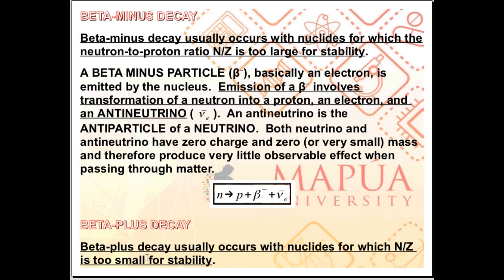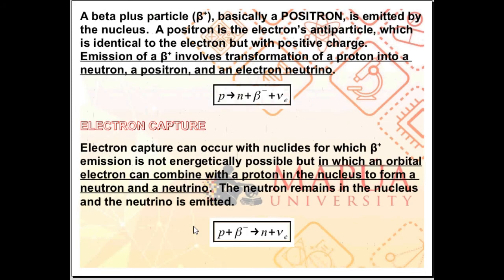On the other hand, beta plus decay usually occurs for nuclides wherein N over Z is too small for stability. N is very much smaller than Z. So beta minus, N over Z is too large. Beta plus, N over Z is too small.